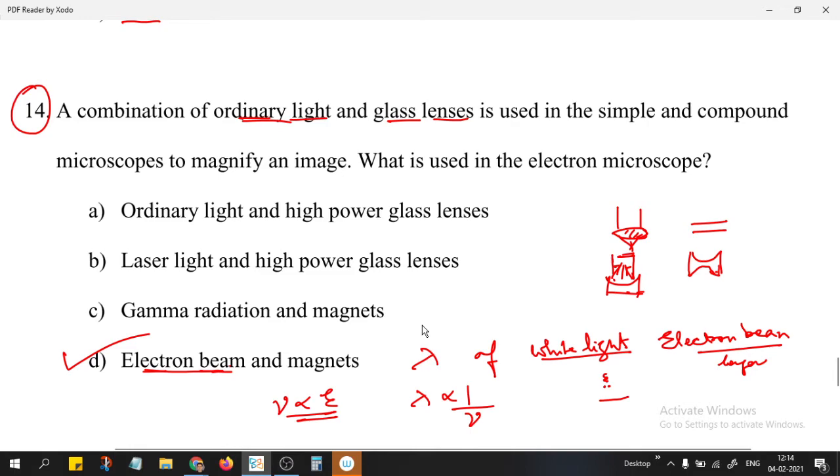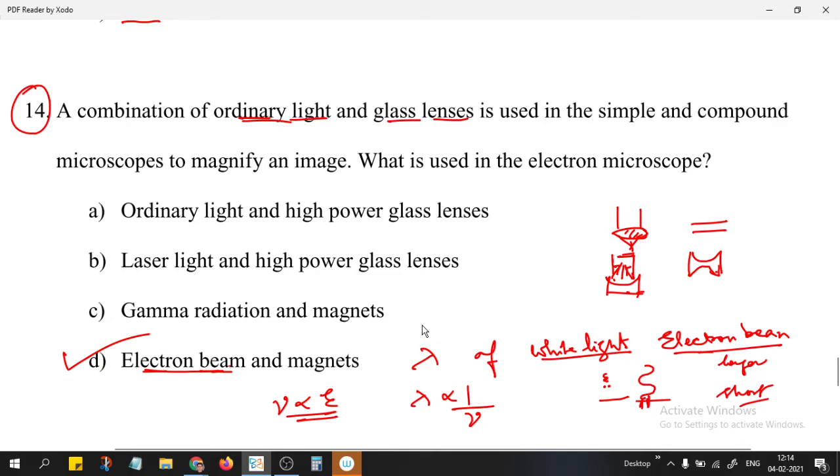If it has a long wavelength, then its ability to distinguish between two close points will be less. Electron beam is a high energy beam compared to white light: it has a higher frequency and a short wavelength.